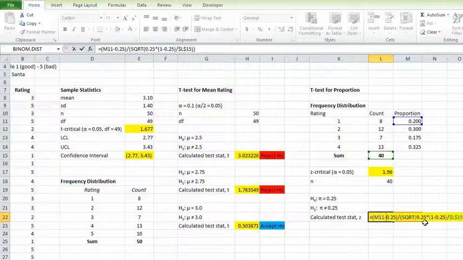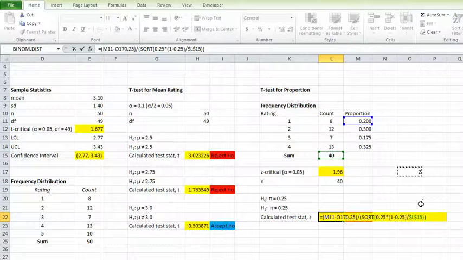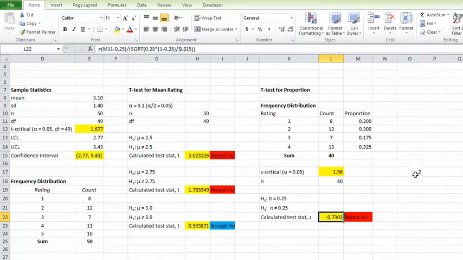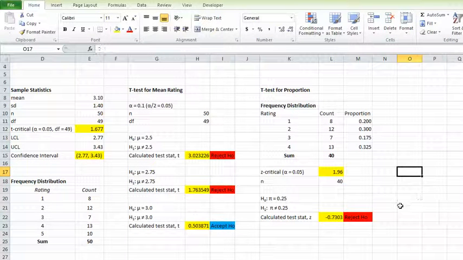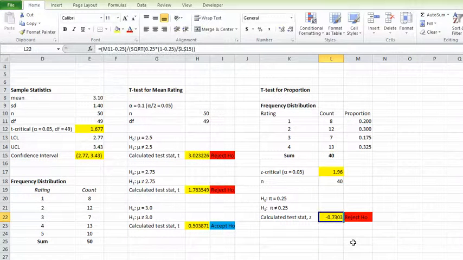It's the square root of 0.25, the hypothesized proportion, times 1 minus the hypothesized proportion, divided by n. You wrap that whole thing up, and sure enough, I got minus 0.703.